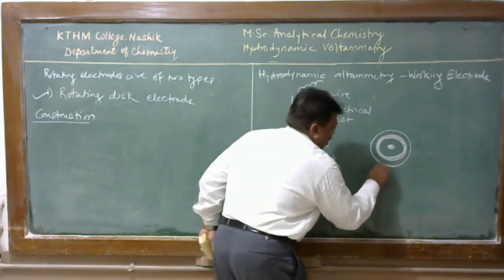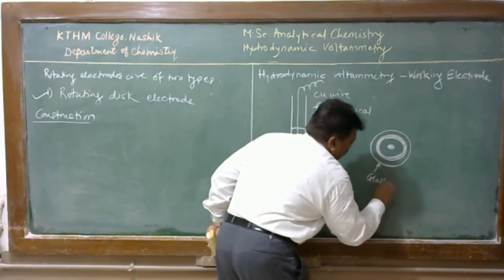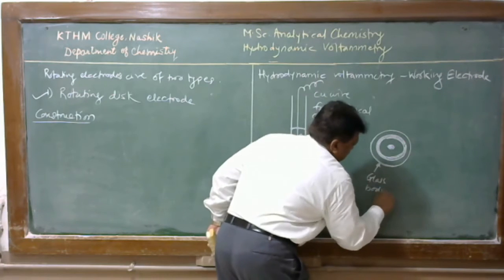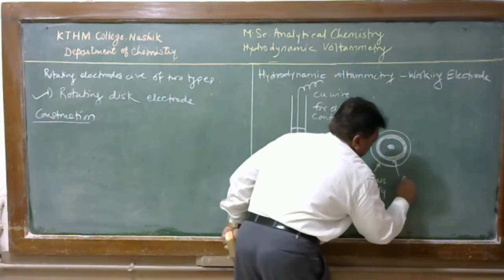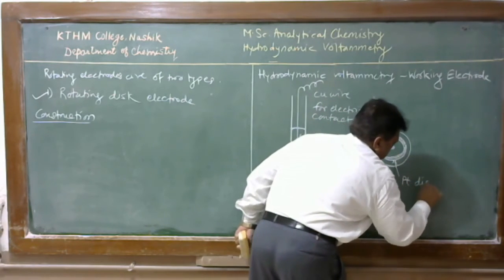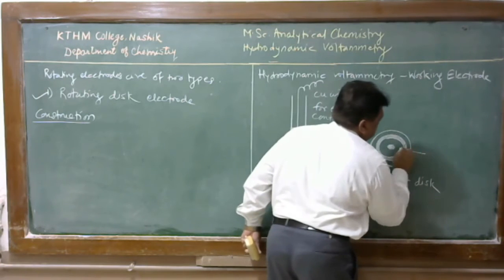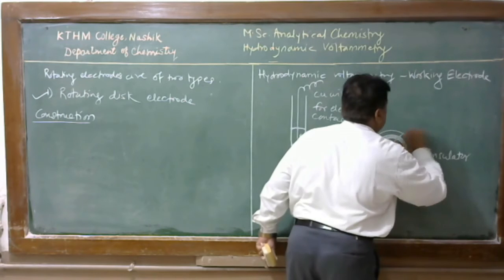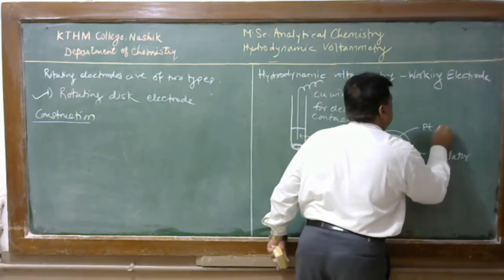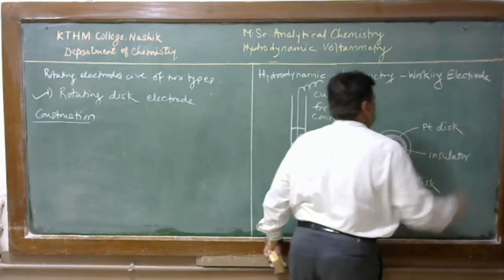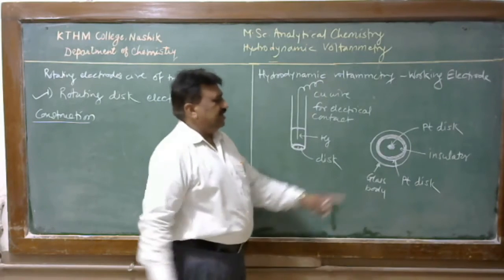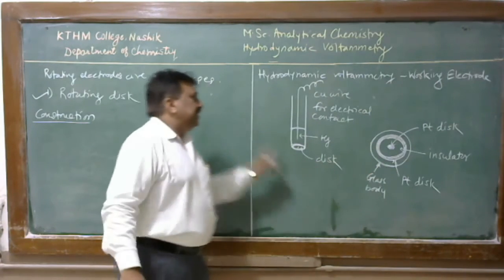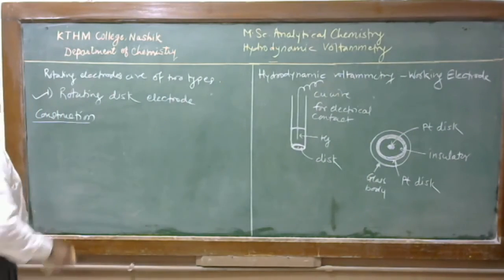This is a glass body. This is a platinum disc. Here this is an insulating material, and this is again a platinum disc. In this way, the rotating disc electrode is constructed.